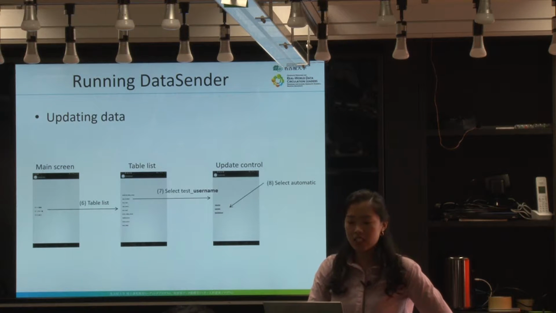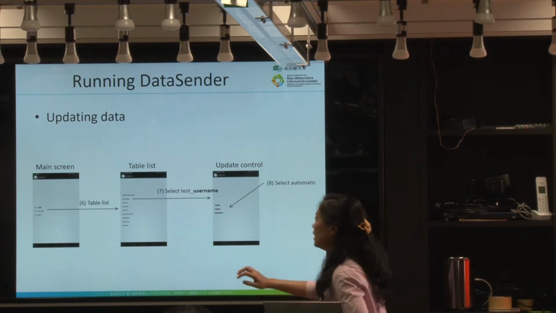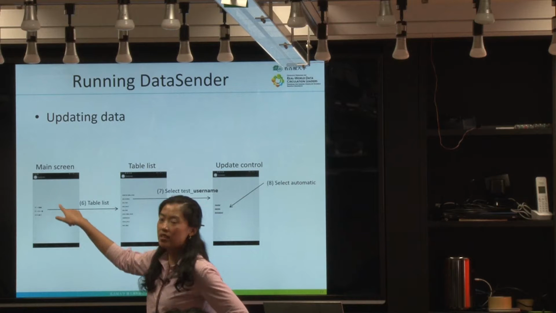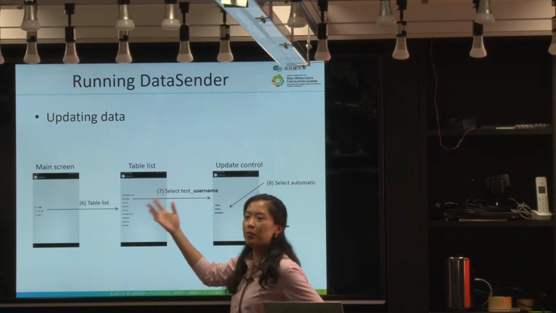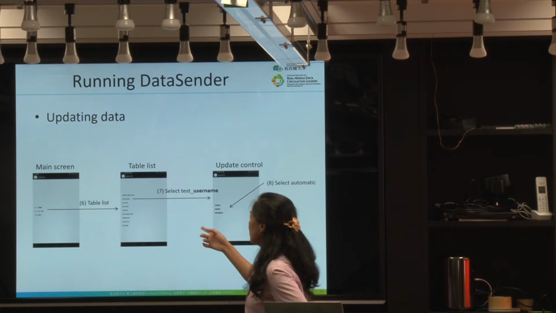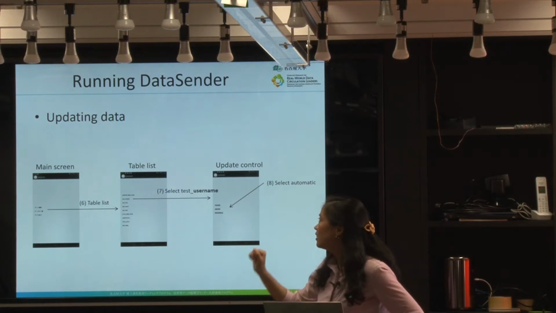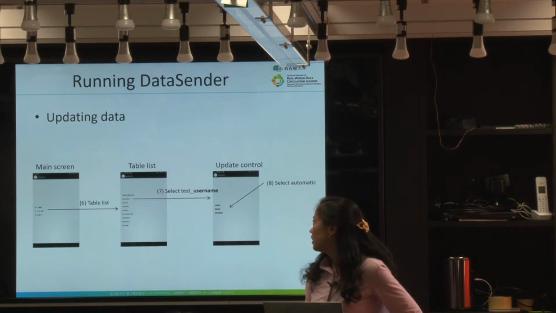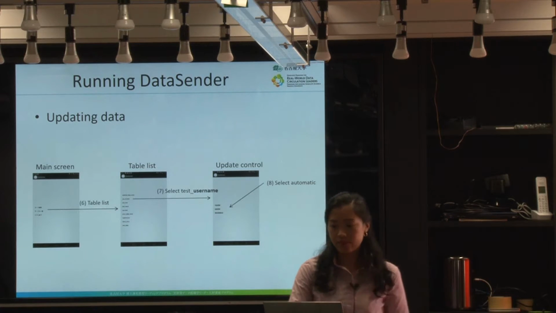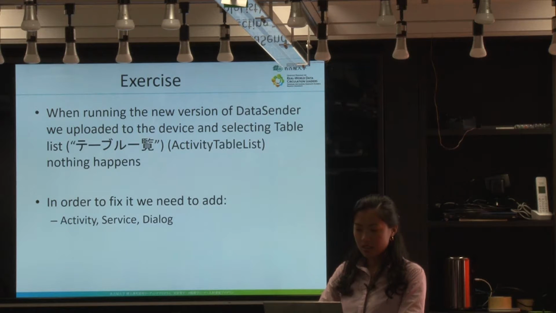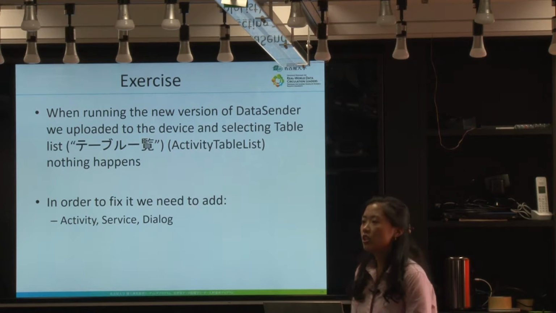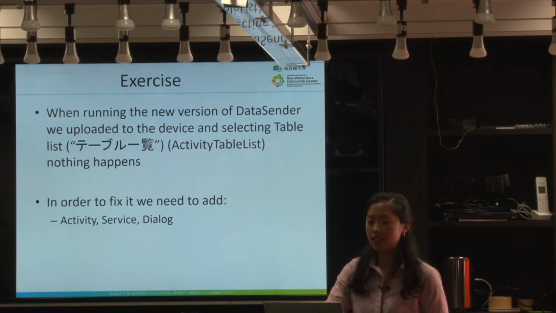Once you have connected, go to table list from the main screen and select the table that you've created in courseware. However, when you try to click on the table list, nothing will happen.